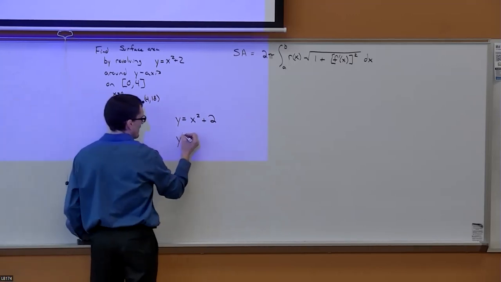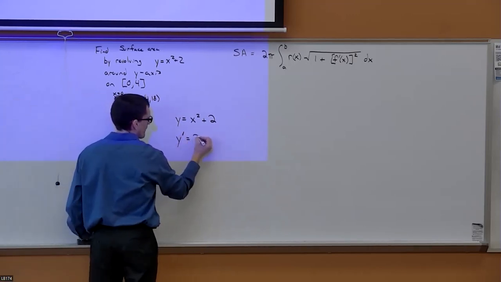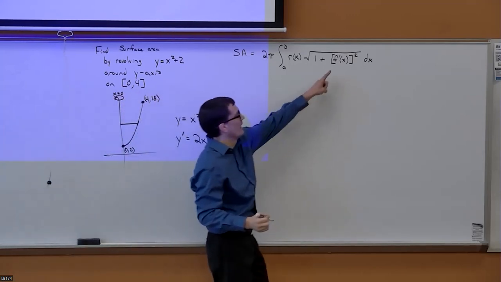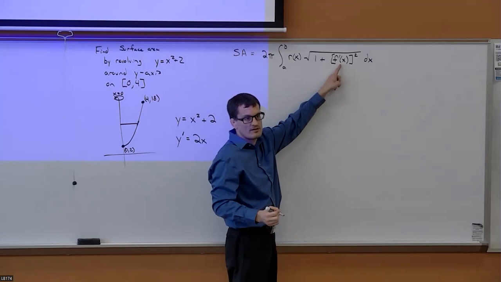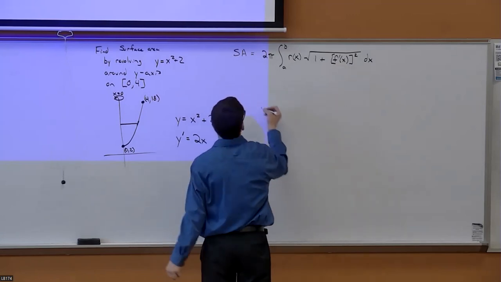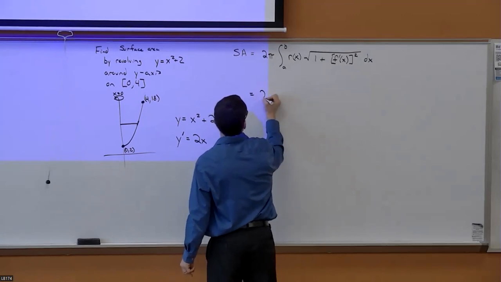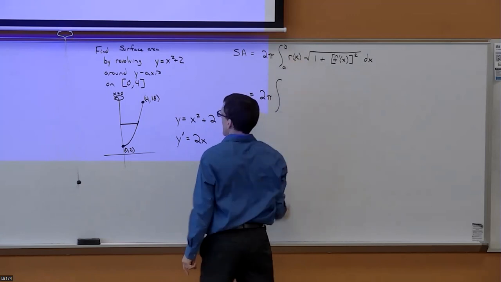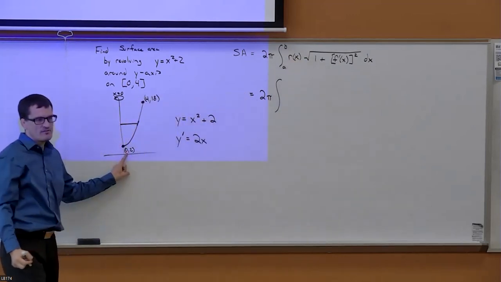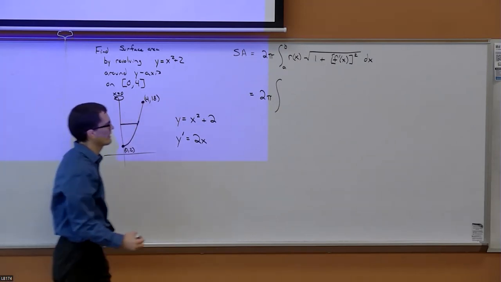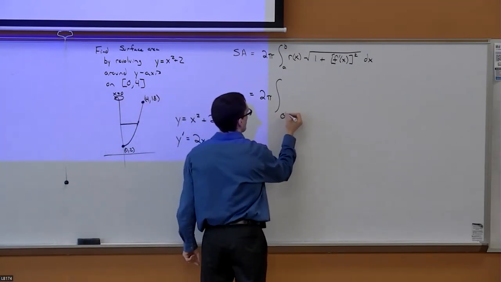So I can simply take the derivative as 2x and plug it in here. All right. Now I'll get there in a second. The x bounds go from a to b, and for the x values, that goes from 0 to 4. 0 to 4 for x values. Pretty obvious.